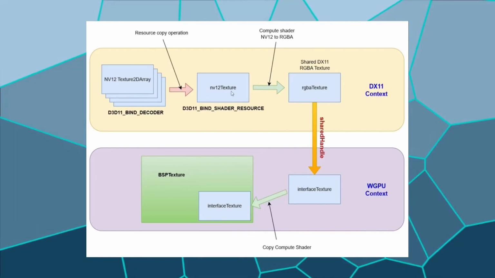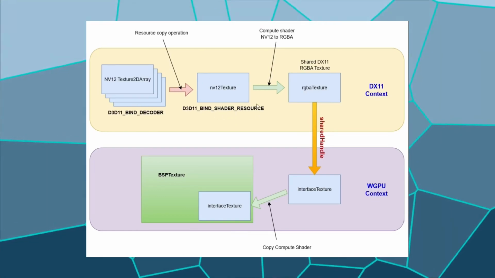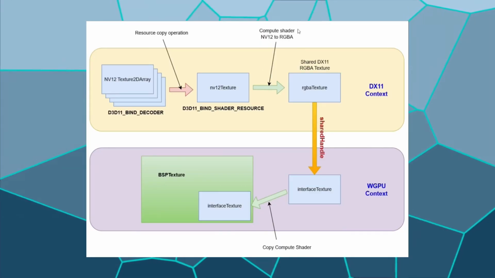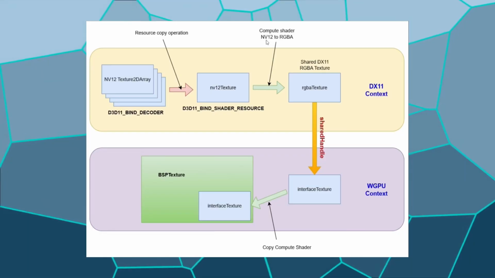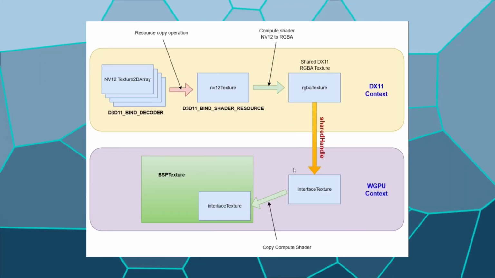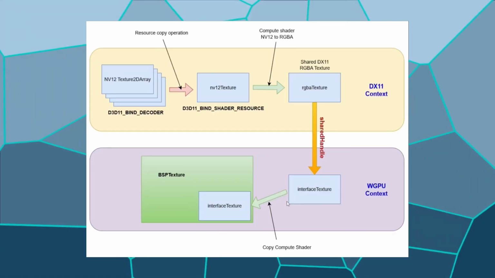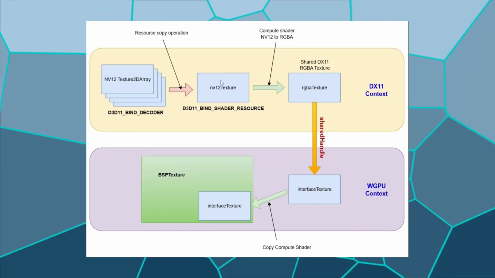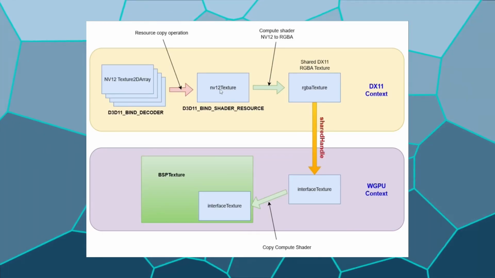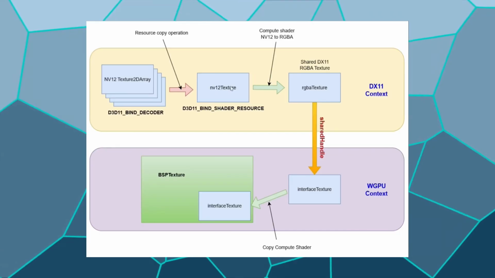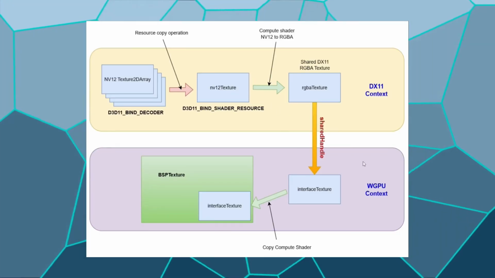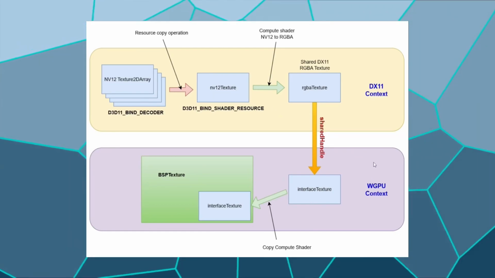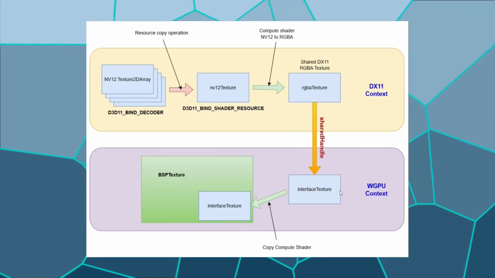Now, one thing I should mention is that we could also do it differently. You could consider doing the conversion from NV12 to RGBA when you are already in the WebGPU context. For that, you would need to also make this texture shared and create a shared handle that will give you an interface for this format, and when you are in WebGPU, you would then convert that to RGBA.